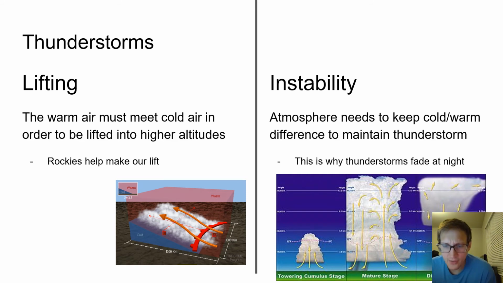If you look at my diagram, it shows more in depth how we still have warm air rising and cold air sinking, and how that perpetuates the thunderstorm. And then as it goes into night, you have mostly just cold air. Okay, so you don't have that mixture and that difference to maintain the thunderstorm.